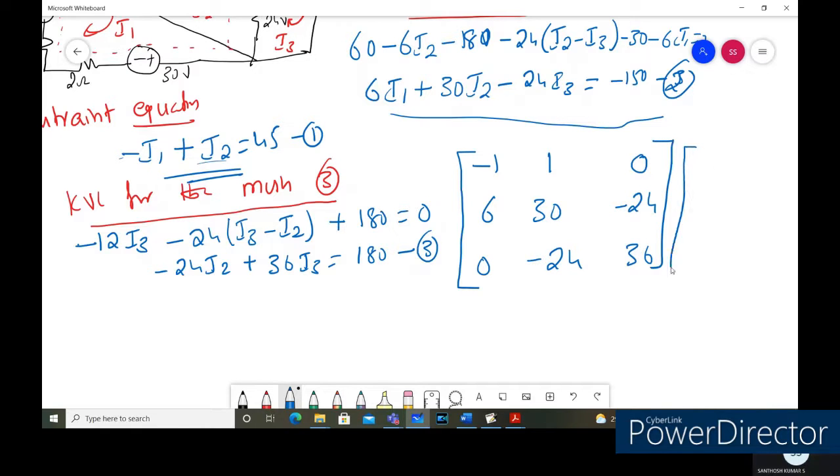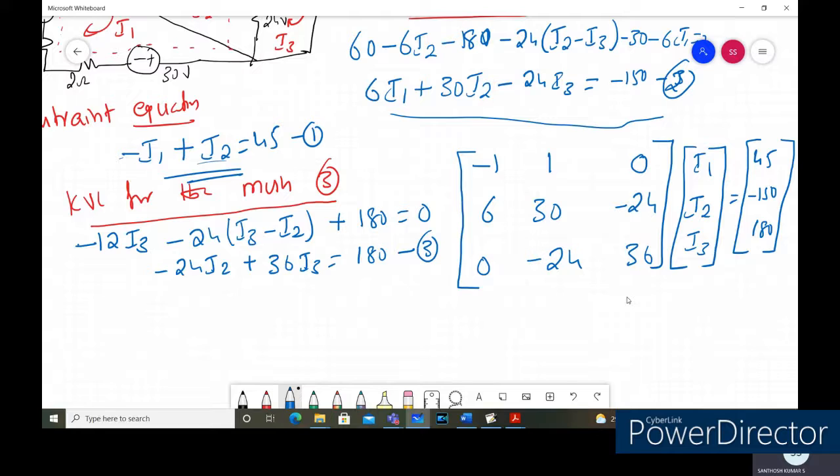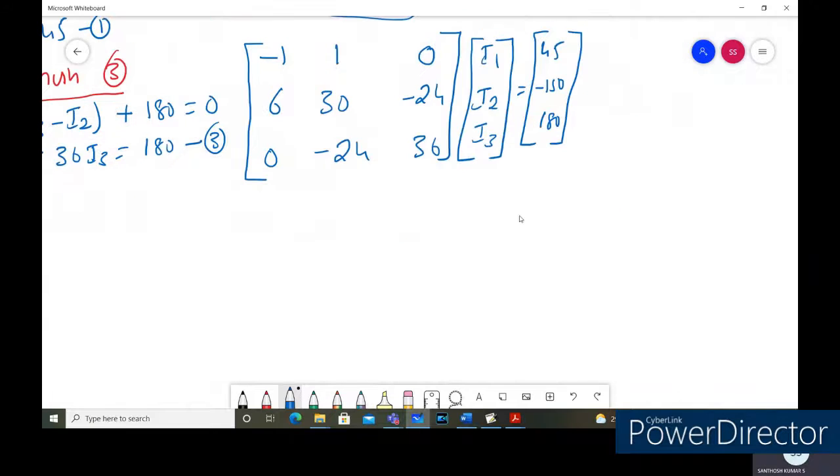And the mesh currents are I1, I2, and I3, and this is equal to the corresponding voltages: 45, from equation 2 it is minus 150, and from equation 3 it is 180. These are the set of equations we got here.